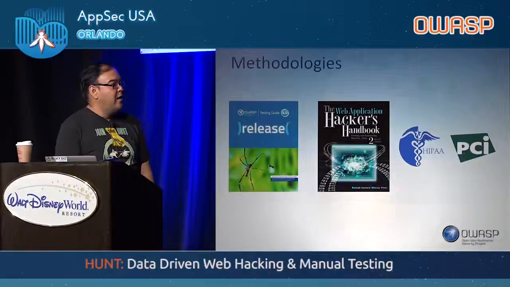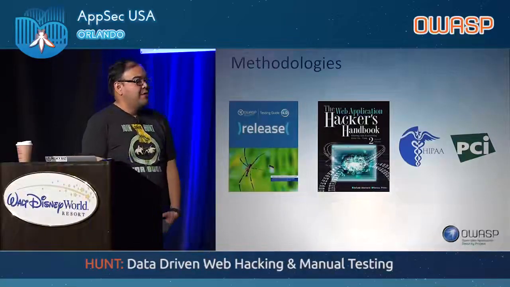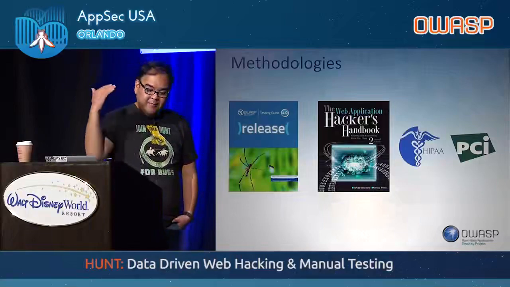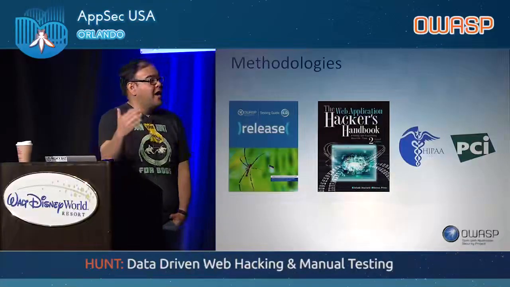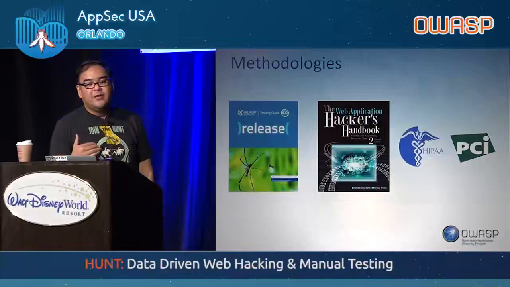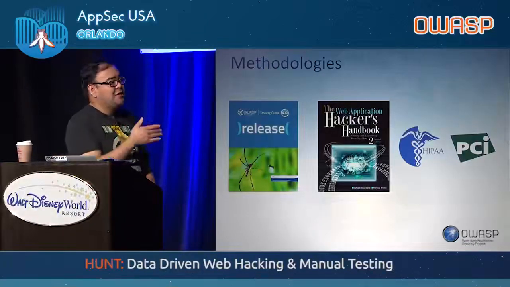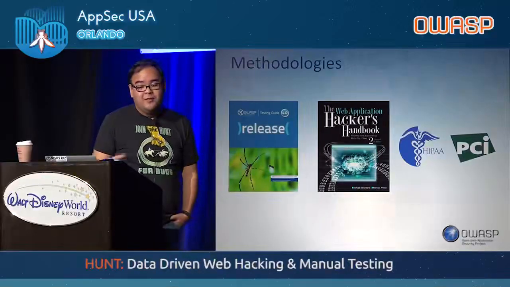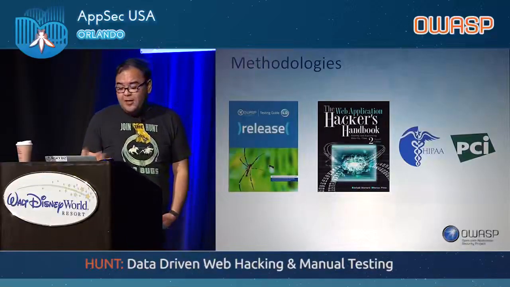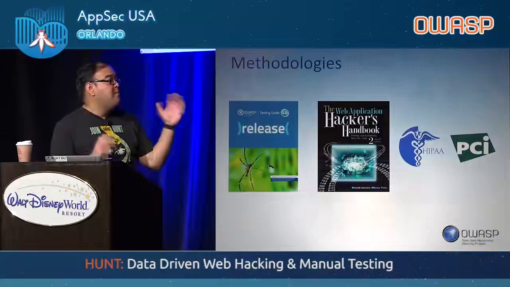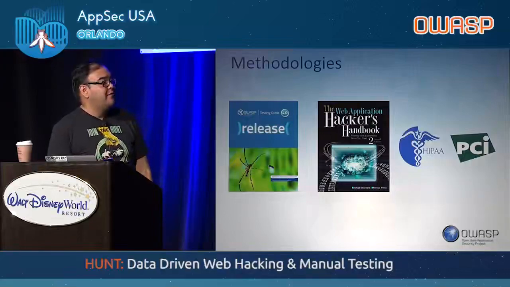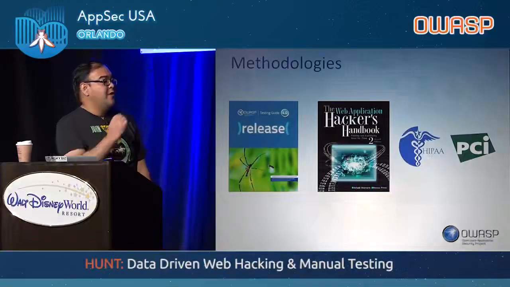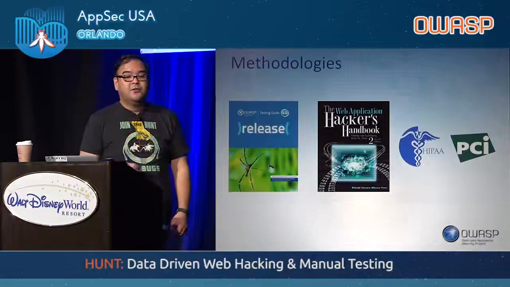If you go through it, I forget which chapter it is, but it tells you a methodology that you should look at when you're doing your web application pen test. And we actually included that as one of the methodologies within the tool itself. Or you might be compelled by some kind of body like HIPAA or PCI to do your methodologies.